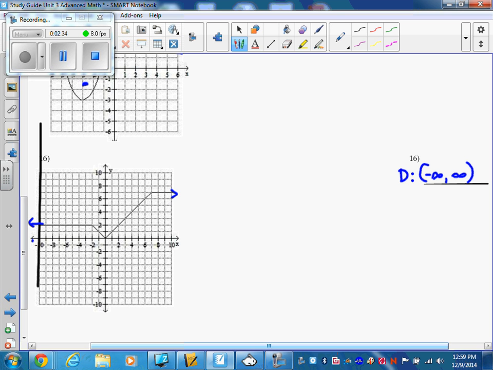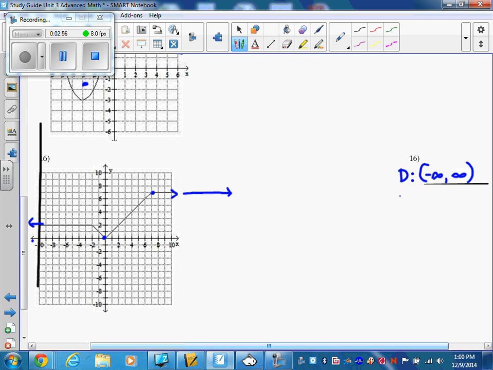Now, the range is a little different. The smallest that this will ever be is 0. And the largest that this will ever be is 7. Because we have to assume that this stays constant forever because we have no other indication. And this stays constant forever.